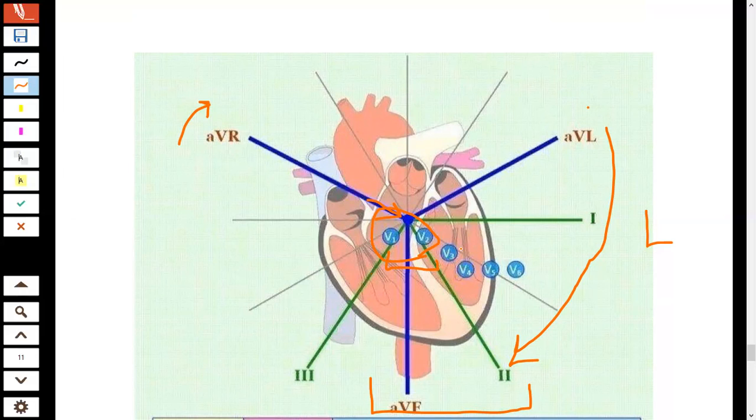V3 and V4 are more likely to view the interventricular septum and a part of the anterior wall of the left ventricle. And if we talk about these two, more lateral, we can see the lateral wall of the ventricle. We can also see the anterior wall of the ventricle from V5 to V6.